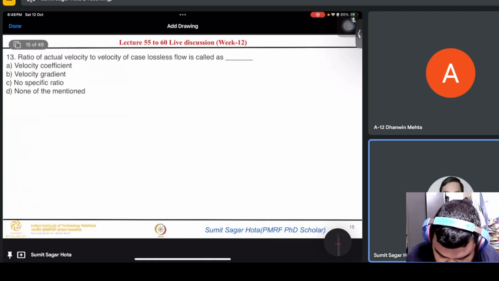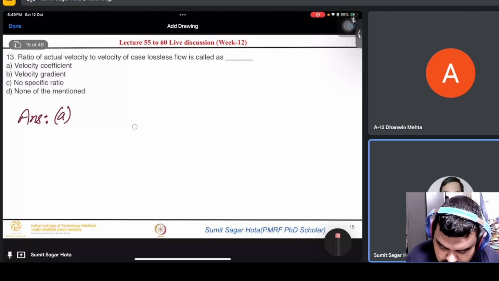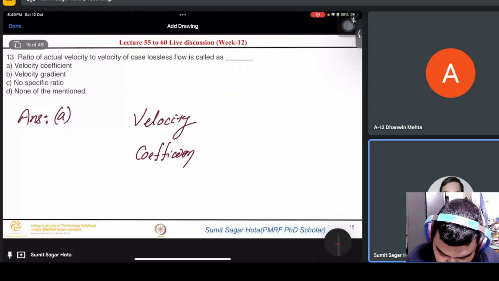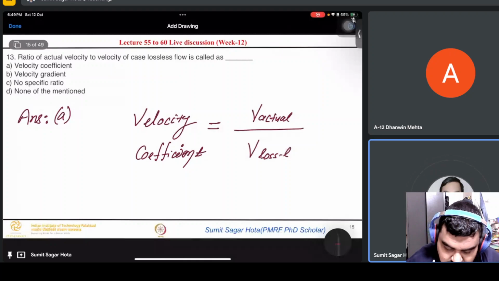So for any kind of coefficient, the higher one will always be in the numerator and the lower one will always be in the denominator.